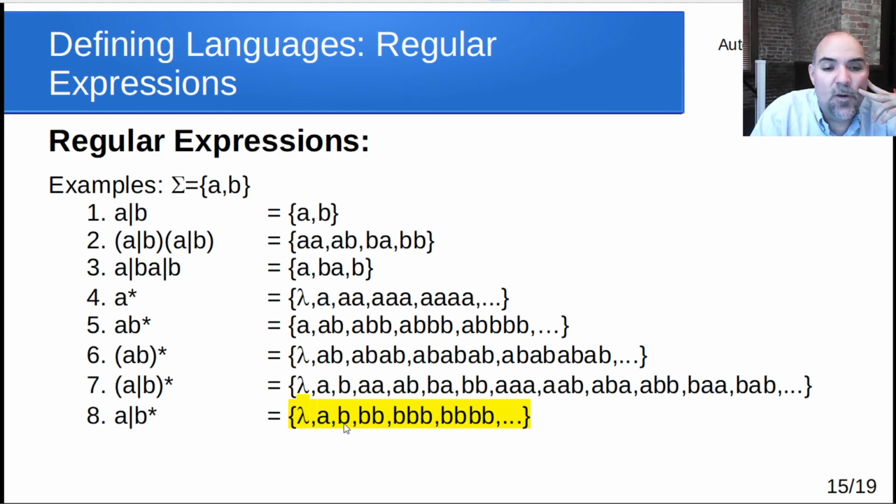The 1 B, 2 B's, 3 B's, 4 B's, and so forth. And again, the order doesn't matter. It might have been more clear if I said A, comma, lambda, comma, B, comma, but I put it in this order to start with the shortest string first, the string of length 0 first, and then 1, and then 2, and then 3, and then 4, and so forth. So we either have a single A, or we have 0 or more B's.